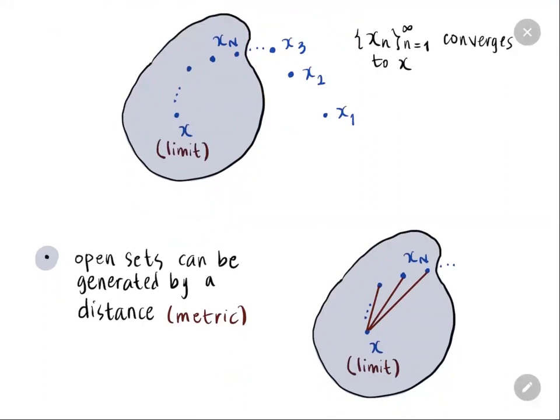Roughly speaking, in terms of the above illustration, we can say that a sequence converges to a limit x if, for all terms of the sequence except for a finite number, the distances between the terms and x are small, less than some prescribed number epsilon.